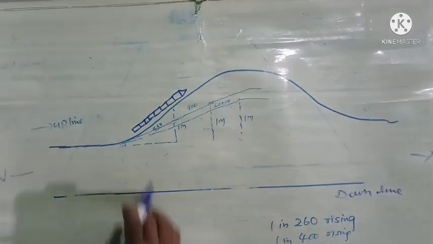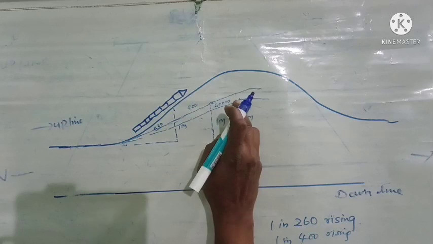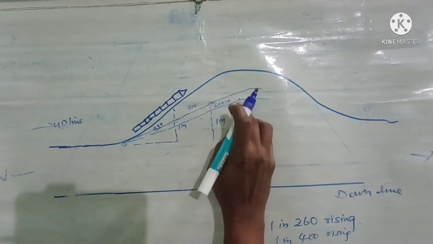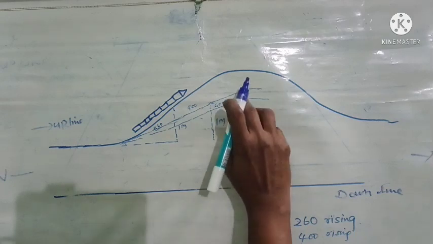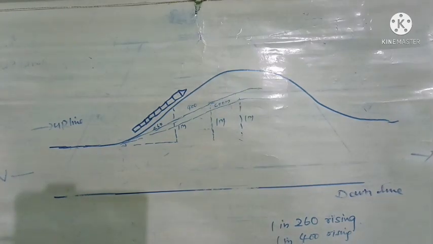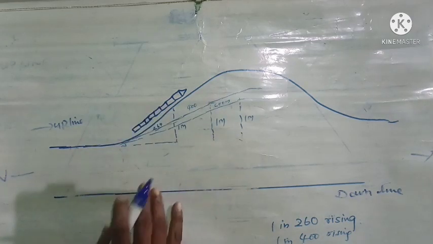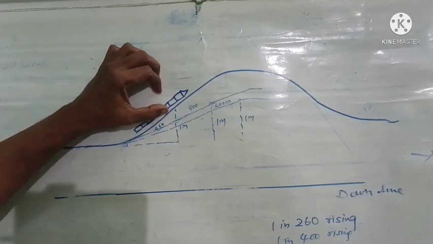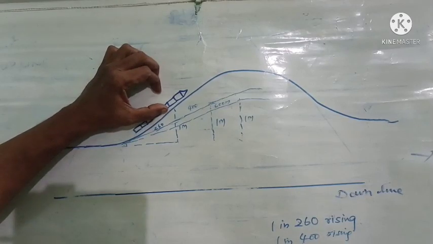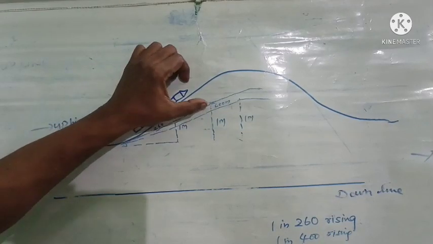Whereas here we can see only when 600 meters of track is laid, then only it is rising from the plain ground to 1 meter height. Then it is called 1 in 600 rising. Now we will see comparatively which is the steeper gradient. Now you see this 1 in 260 gradient is sharper compared to 1 in 400.